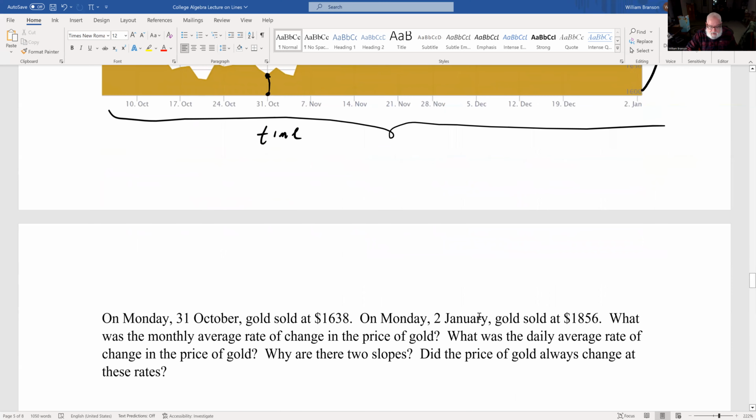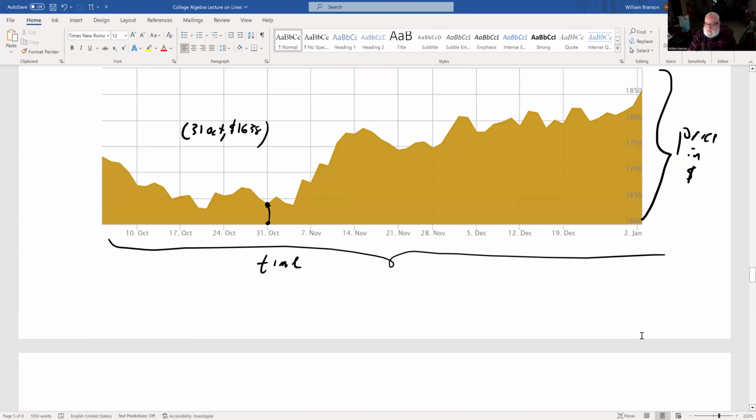On January 2nd, gold sold at 1856. So that's here. And we go up to the graph. That's my x coordinate to find my y coordinate. That's actually right at the very end. So Jan 2, 1856. Great.